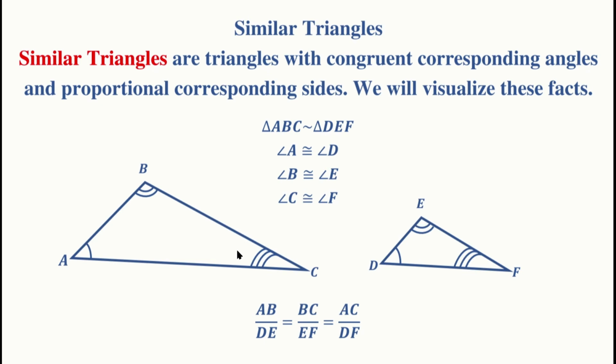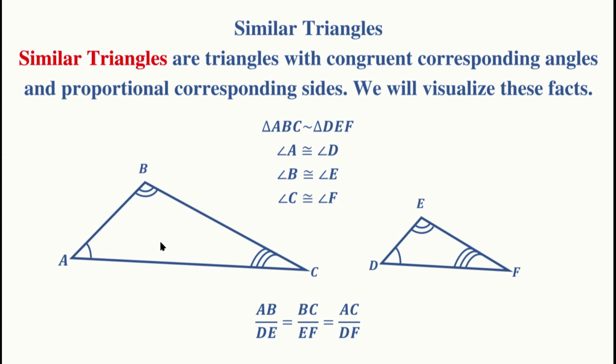DE. Again, in this triangle, what's opposite the single marked angle? BC, right? And in this triangle, EF. And that's going to be the same as the ratio of AC, which is opposite the double mark in the left triangle, and DF in the right triangle. Now, I mean the triangle on the right, of course, not a right triangle.